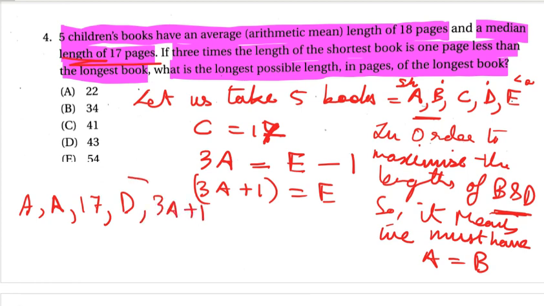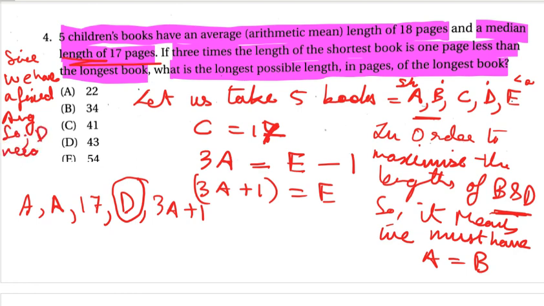Now look at this D. What about the D? You see, since we have a fixed average, D needs to be lowest.